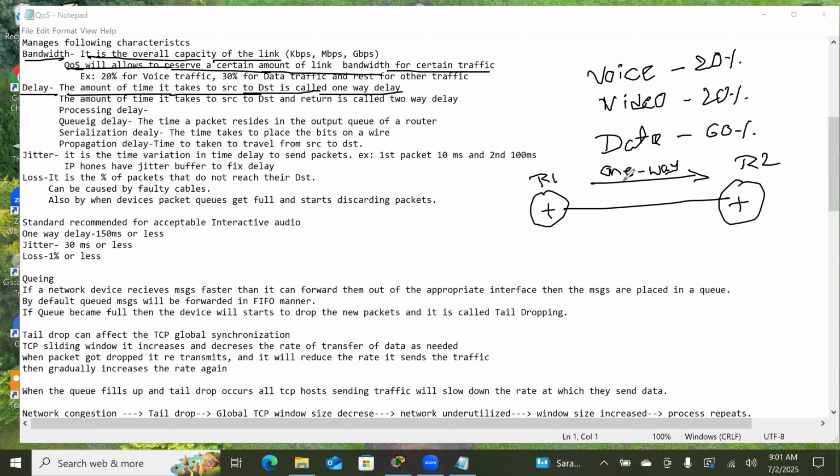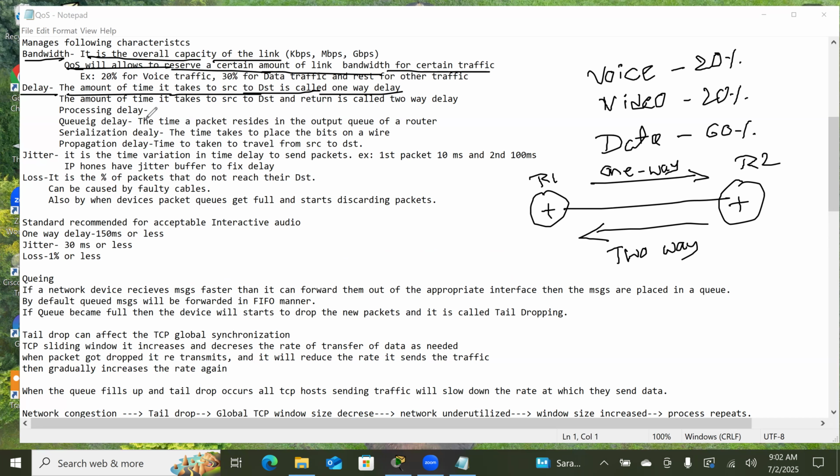Obviously it is going to take time, right? It is not like it immediately reaches the destination. It will take at least some seconds or milliseconds. And if R2 is replying back to R1, then that is called two-way delay. Understood? So this delay also we have to maintain.